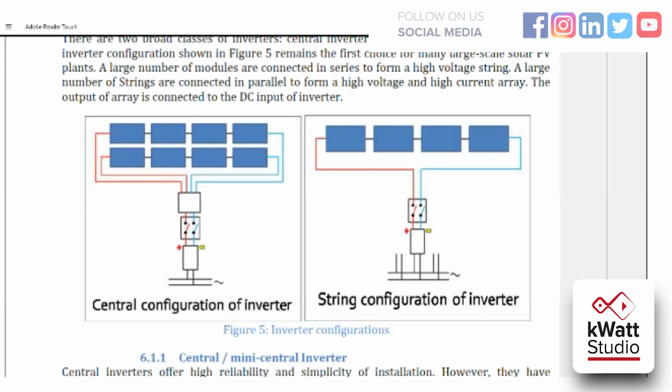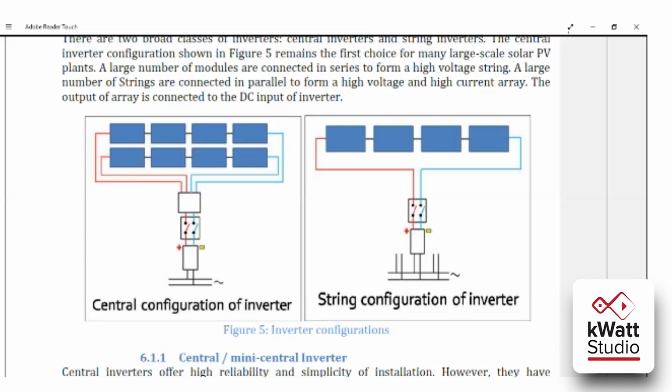So if you are purchasing a 300 watt peak micro inverter, you can place that inverter on the back of the solar module only. So here you will get better efficiency and reduced losses, but the cost of the micro inverter is higher than the string inverter and center inverter.